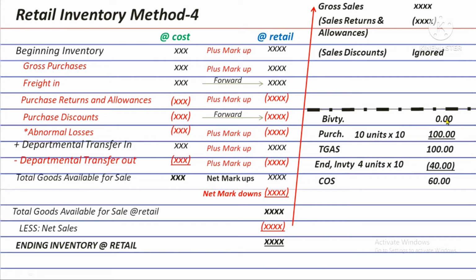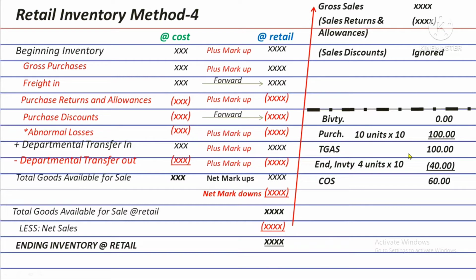The beginning inventory is 0. So let's assume that the company is still starting. That is why their beginning inventory is 0. Now, the purchases of the company for the current year is 100, which, when broken down, is 10 units times a cost per unit of 10. So, 0 plus the net purchases of 100, the total goods available for sale at cost is 100.